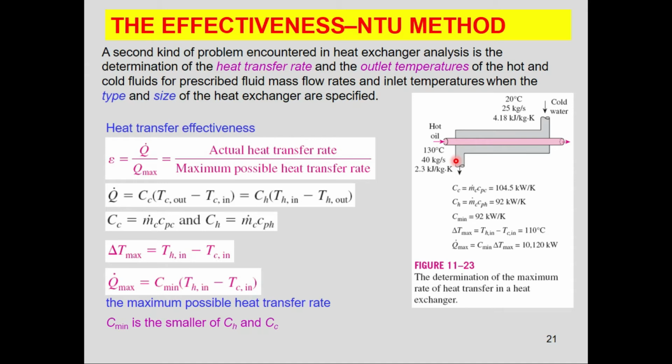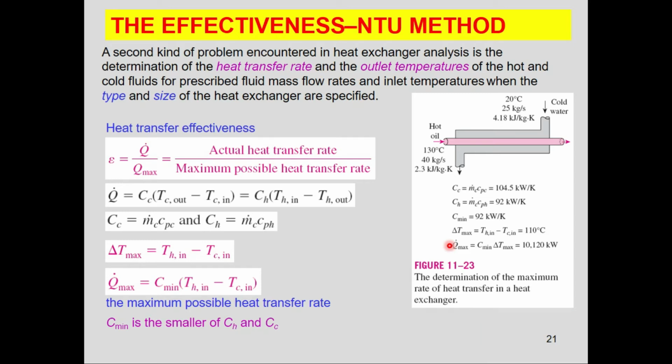So we determine the heat capacity rate for the cold fluid and for the hot fluid. The heat capacity rate which is smaller, we will use this value as our C min, and C min is the decisive parameter which will give us the maximum possible heat transfer rate, right?